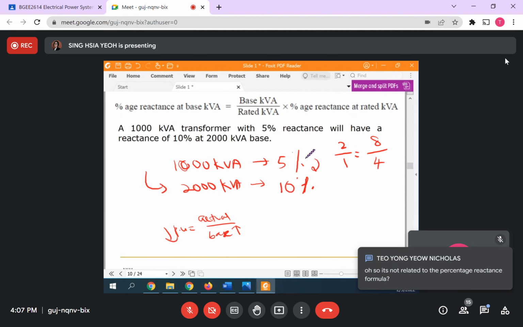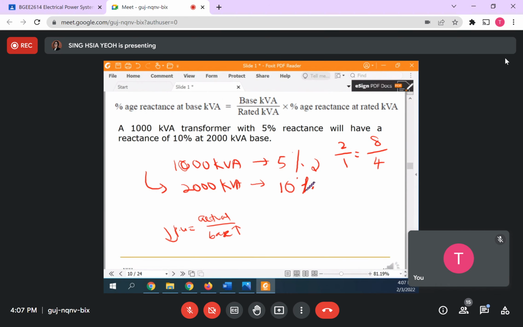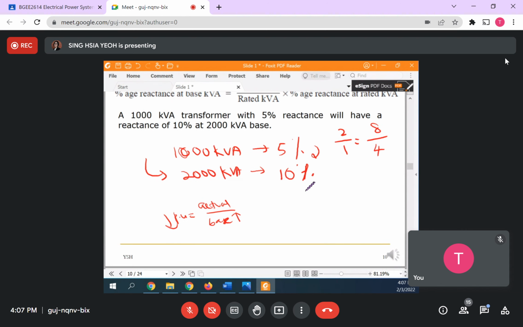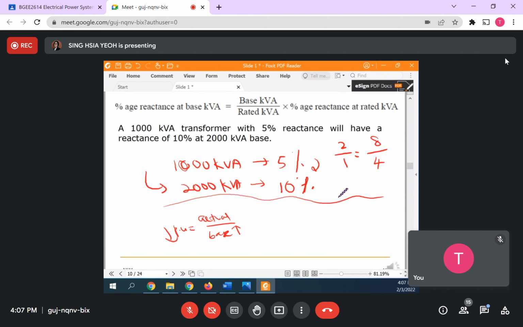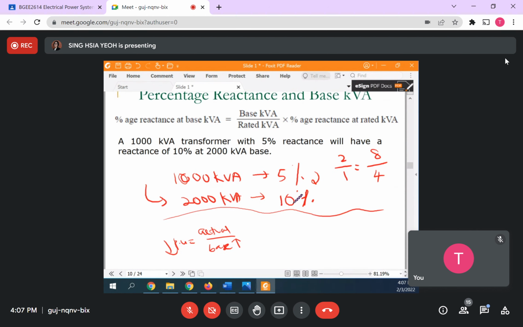It is already in PU, but when it changes base, it only changes the ratio. PU is PU, percent reactance is percent reactance, but the concept is the same. You have ohm, then you don't want ohm, so you change it to PU. Now you change it to percent, like that only.